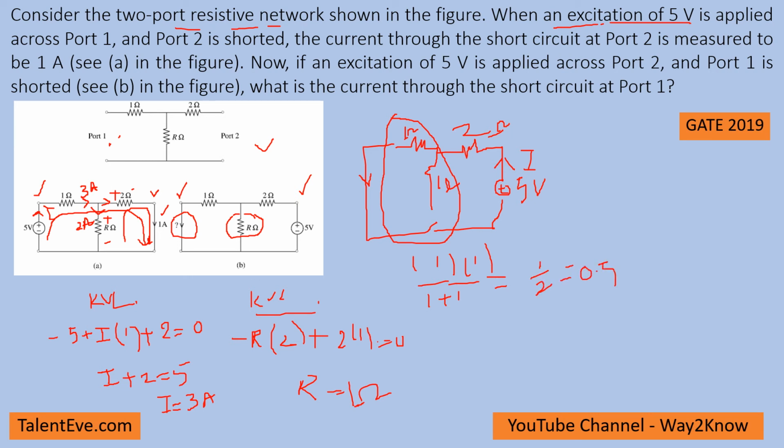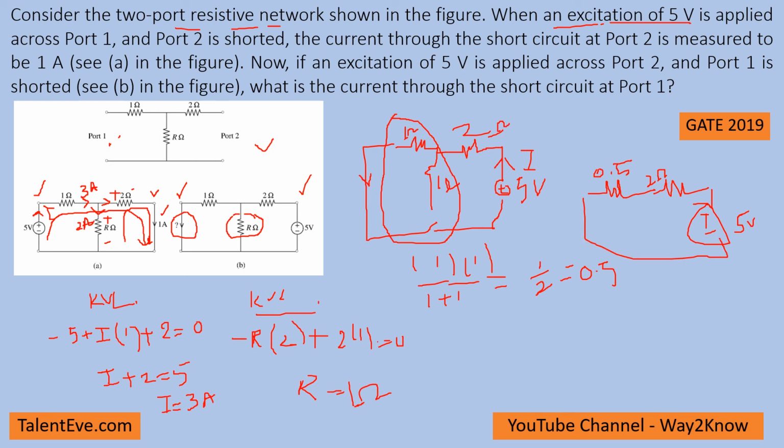If two same resistances are in parallel, that is R by 2. So the circuit will be 0.5 and then 2 ohms, and we are applying the 5 volts here.